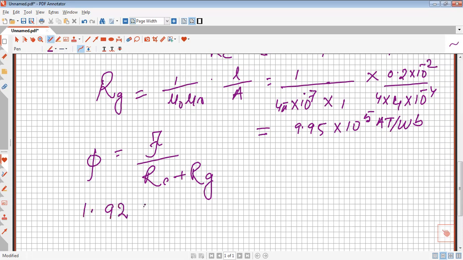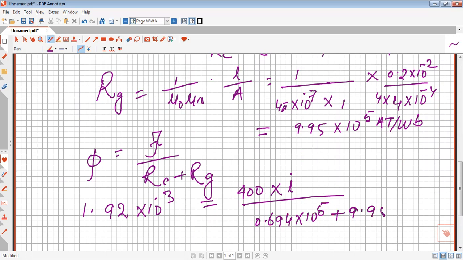1.92 into 10 to the power minus 3 equals mmf, which is number of turns multiplied by the current. The number of turns is 400 multiplied by current I, divided by reluctance of the core plus reluctance of the air gap. The reluctance of the core is already calculated, 0.694 into 10 to the power 5, plus the reluctance of the gap just now calculated, 9.95 into 10 to the power 5.